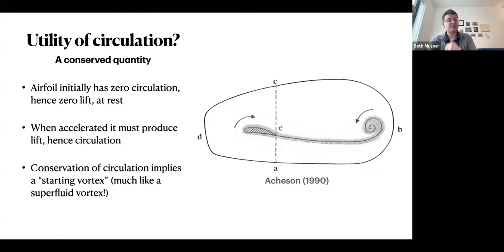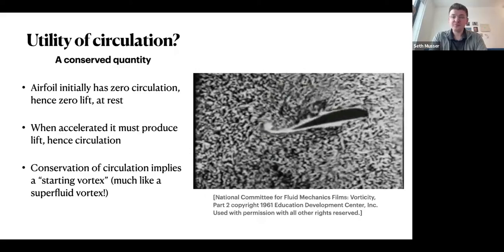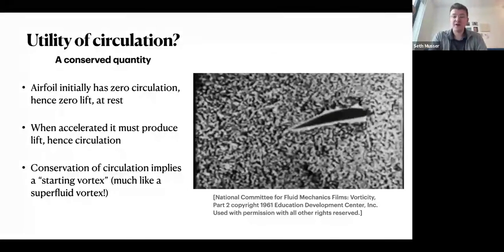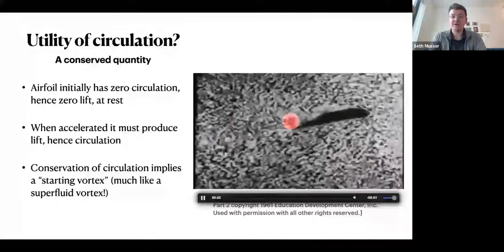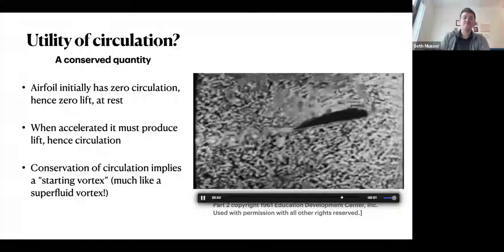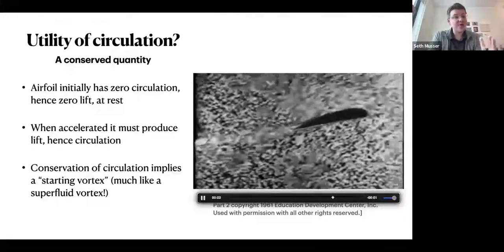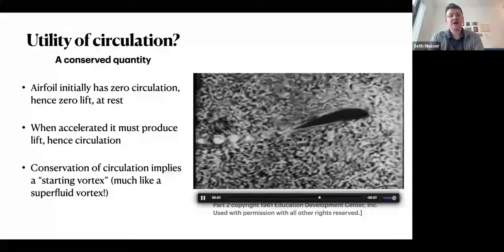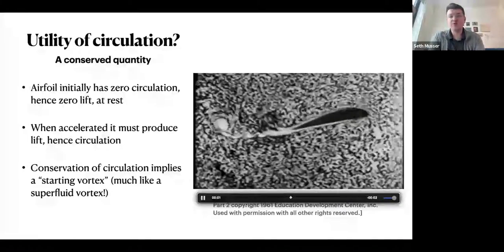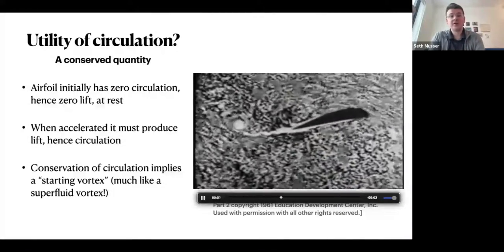So there must be a vortex with equal and opposite circulation to the foil. So already, just by understanding that lift is linked to circulation and by conservation, we've realized that there must be this starting vortex. I'll play this movie again. As we drag the foil, we see that there's a starting vortex. And we can now understand this starting vortex as being directly responsible for the lift that the foil feels.